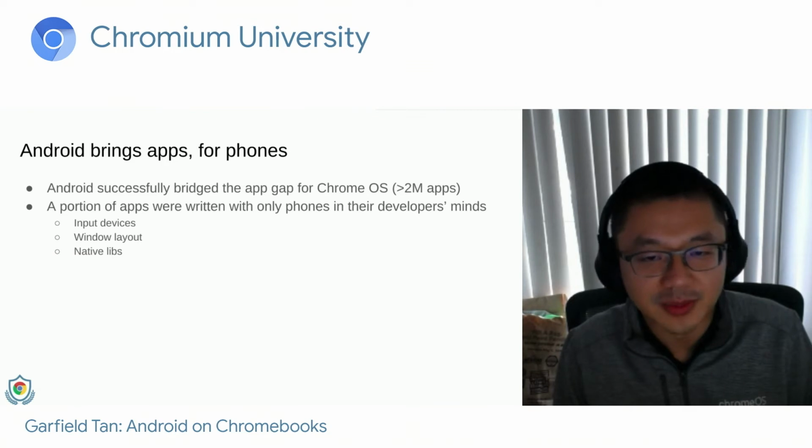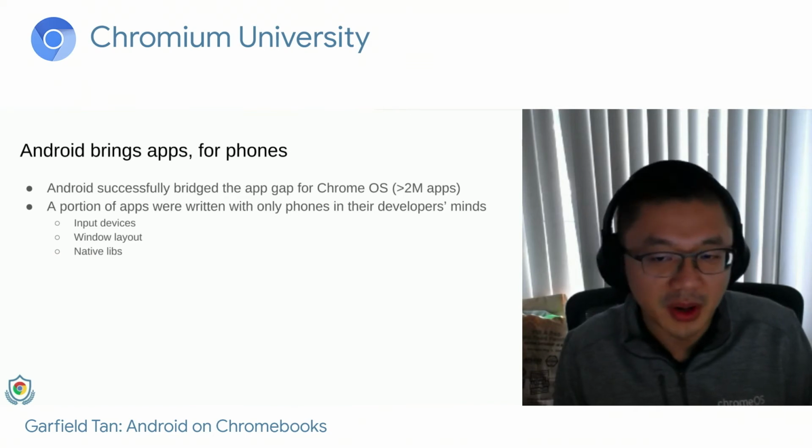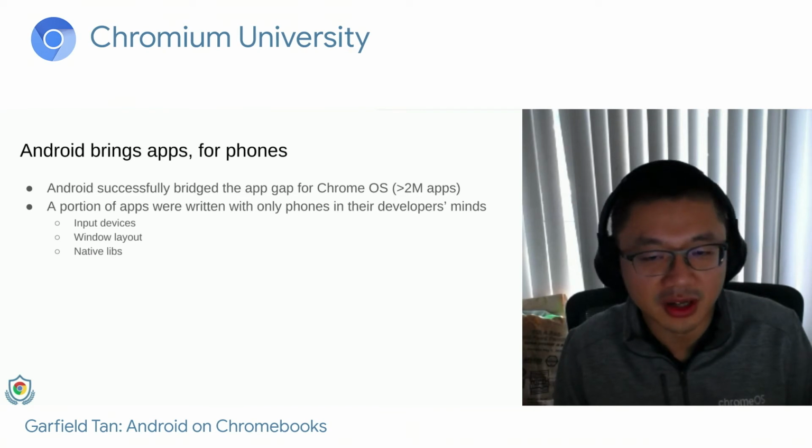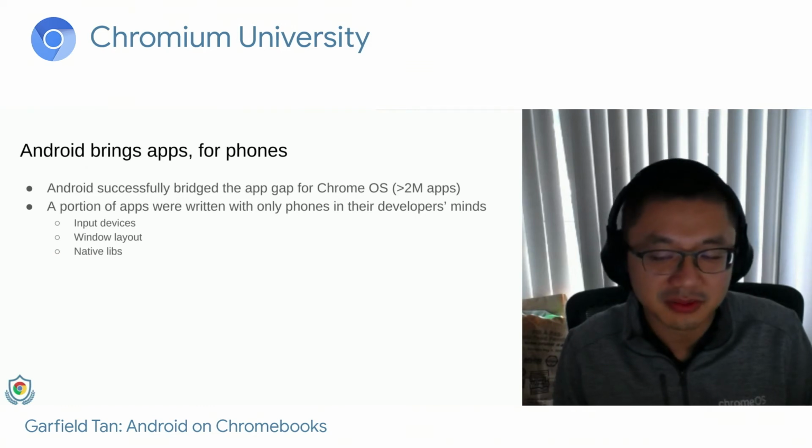So a lot of apps just don't work for PC out of the box. Would you ever consider keyboard, mouse, and touchpad support when developing apps for phones? Would you consider how it looks when it's maximized on 30-inch monitors and in landscape? It turns out not everyone did, at least.